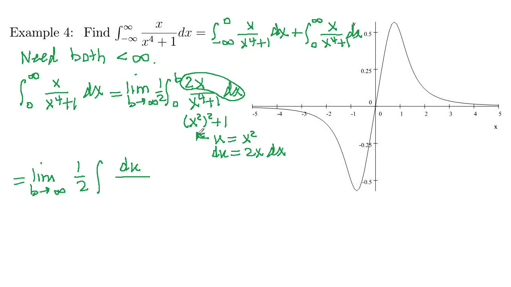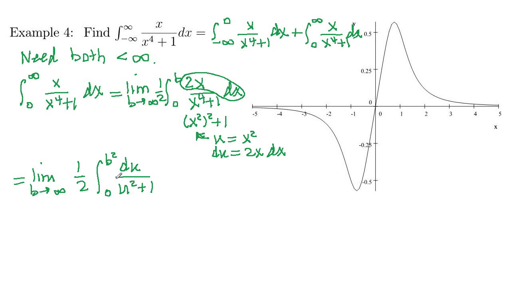And then in the denominator we have u squared plus 1. And now we have to change our limits of integration over. So if you plug a 0 in here, you get 0 squared, so that's still 0. But if you take x equal b and plug it into your u sub, you get b squared.